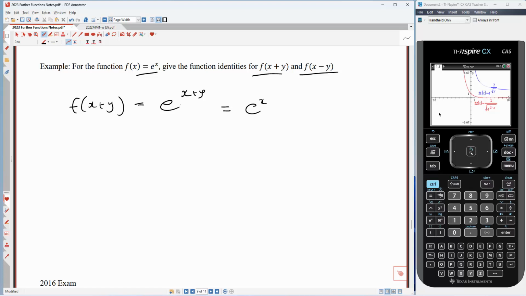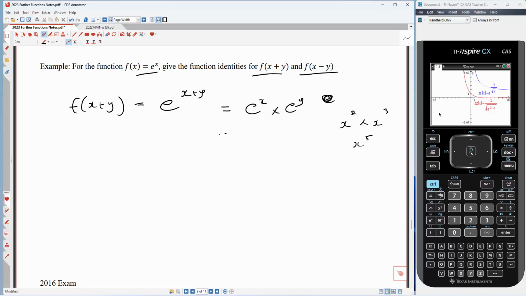Let's go back to x to the 2 times x to the 3. Common bases being multiplied: what do we do with these powers? In this case we would go x to the 5; we would add them together. So this is e to the x times e to the y. Common bases being multiplied together, we add the powers. So that's the same as that.